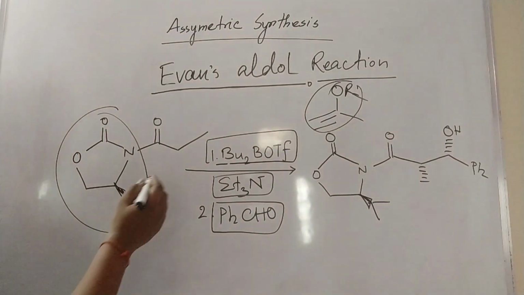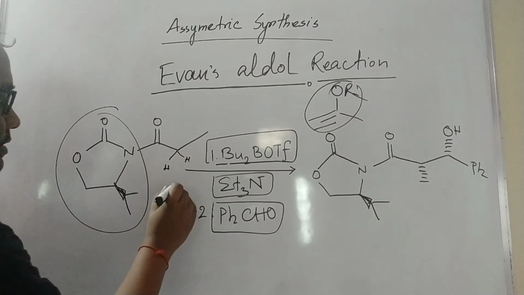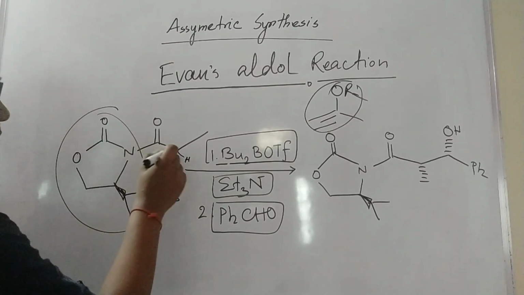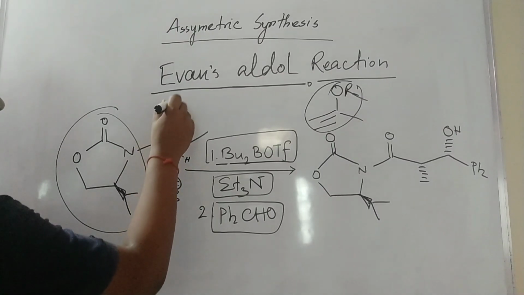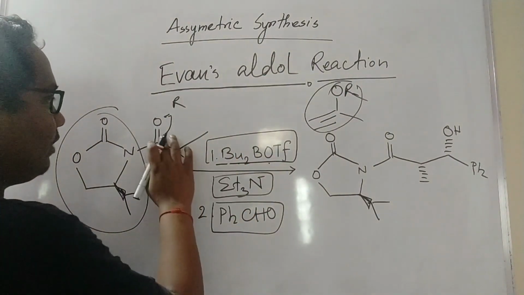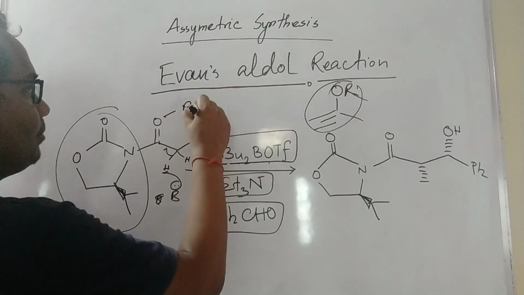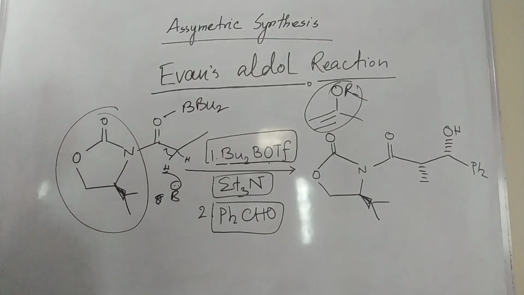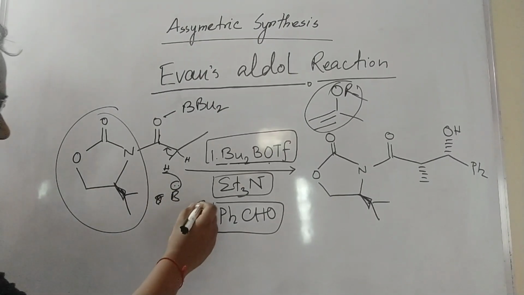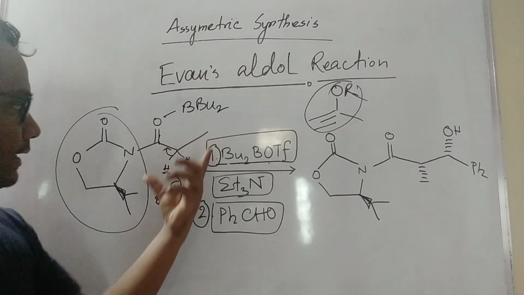So what is the main function? Here you see there are 2 protons. This base will take 1 proton, and the boron reagent will come there and pick up something, this protection. So it will take this Bu2B, and the base takes this proton.